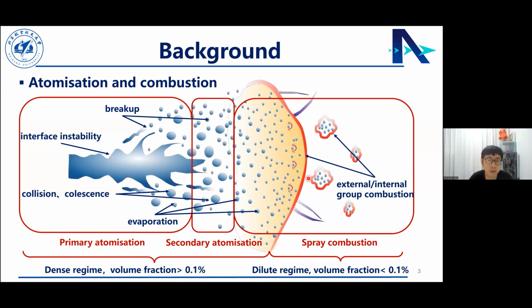In the dense regime, the Eulerian concept we usually use is volume fraction, where the volume fraction is larger than 0.1%. And for the dilute regime, the volume fraction is smaller than 0.1%.